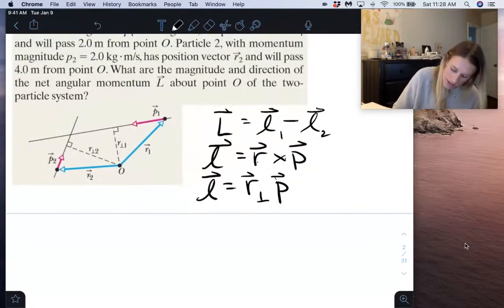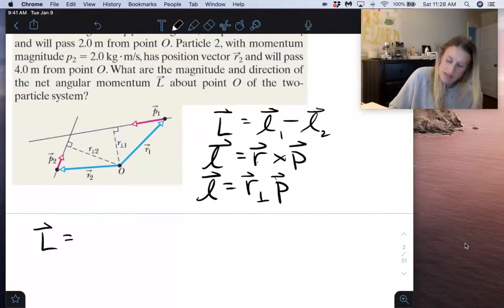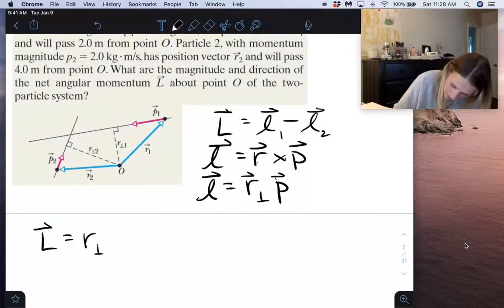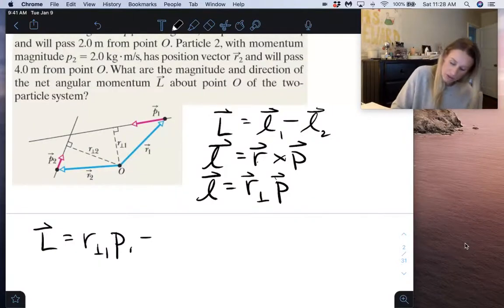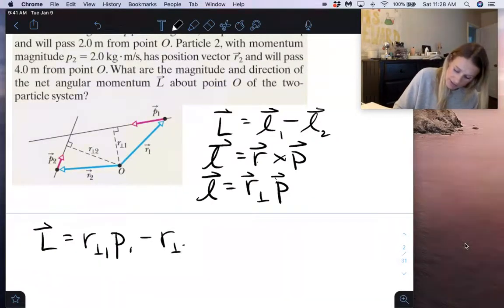Okay, so now plugging everything in, the total angular momentum is going to be the angular momentum of particle 1, so R perpendicular 1 times P1, minus the angular momentum of particle 2, which will be R perpendicular 2 times P2.